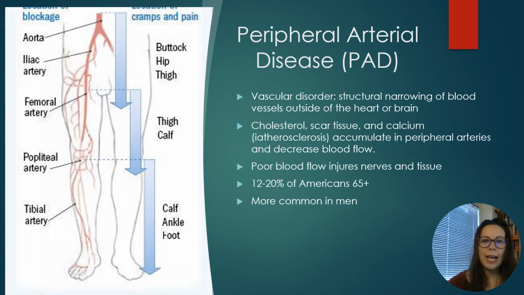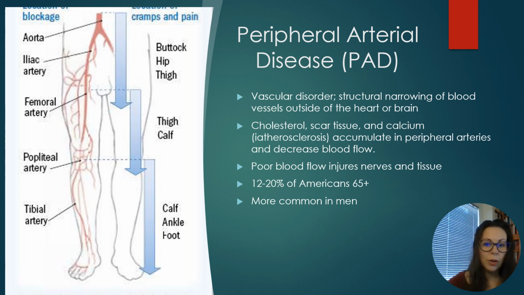So this patient has peripheral arterial disease, which is a vascular disorder. There's structural narrowing of the blood vessels outside of the heart or the brain. This structural narrowing is caused by a buildup of cholesterol, scar tissue, or calcium, otherwise known as atherosclerosis, and it can decrease the blood flow to the dependent areas.